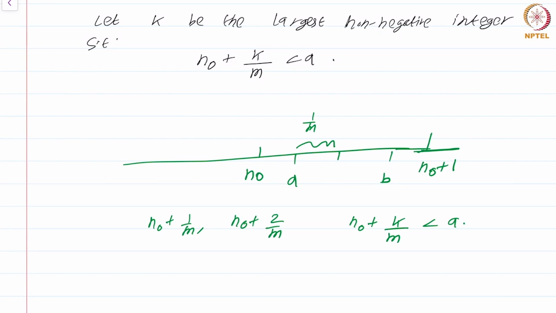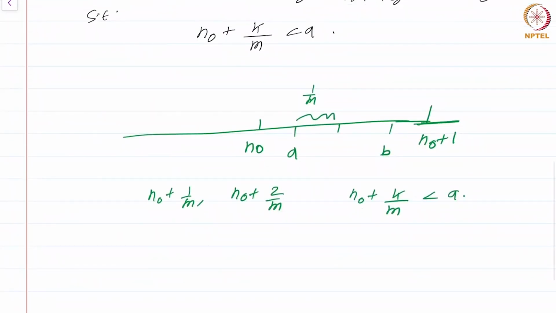There will always be such an integer simply because n naught is less than a. n naught plus 1 by m could exceed a, in which case the choice of k would be just 0. When k is m, you get n naught plus 1, which certainly exceeds a. So there has to be a largest integer such that n naught plus k by m is less than a.